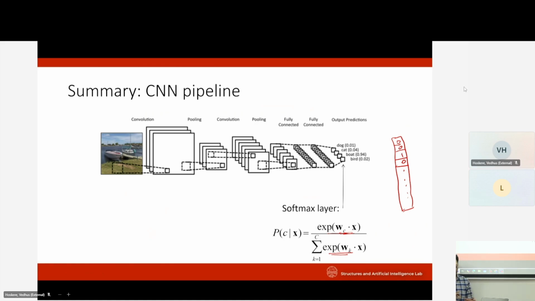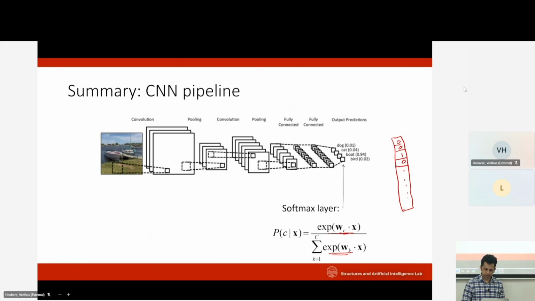Even if wc.x is negative, e to the power of that is still going to be positive, and so I can take e to the power of that divided by its sum, and that gives me my softmax. So now I have this probability distribution because they're all positive, and when I normalize, they're all going to add to 1, because the sum of all of the exponentials of wk.x will be the same as the denominator.